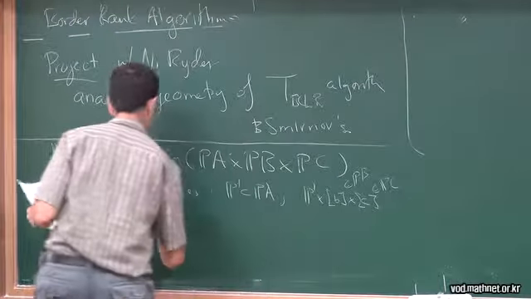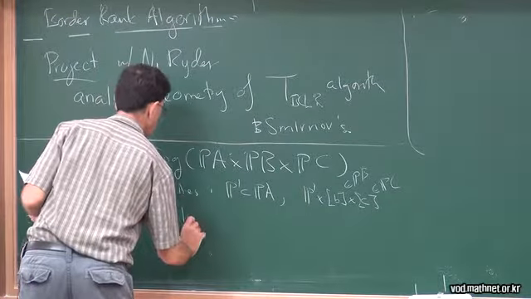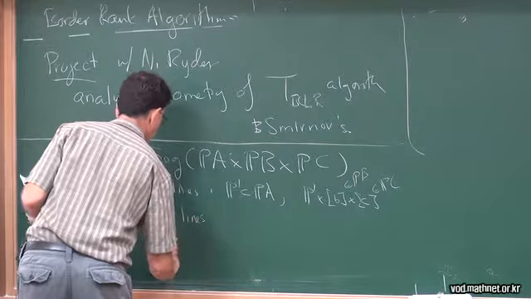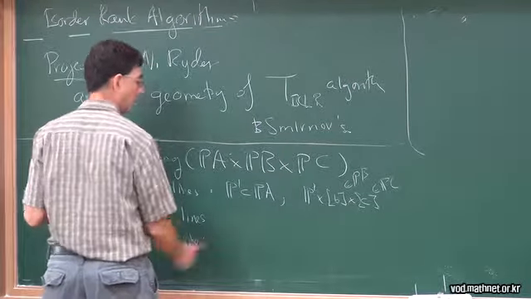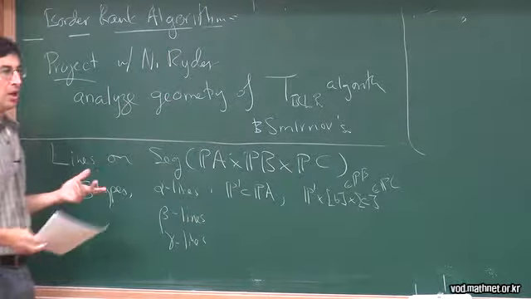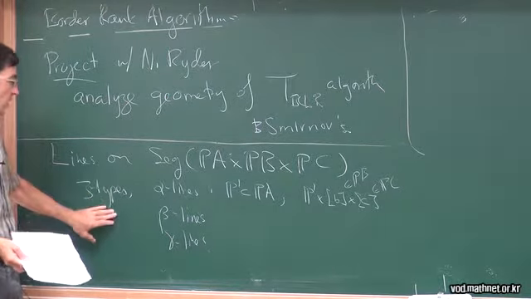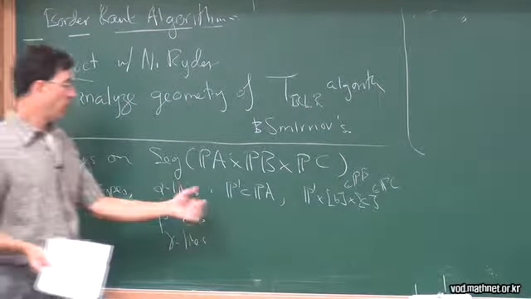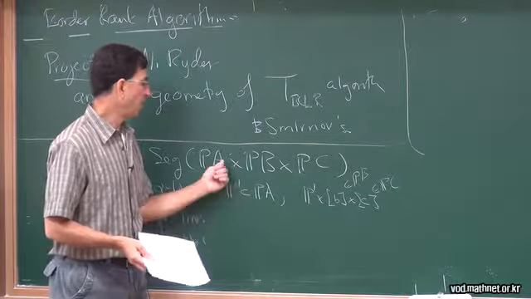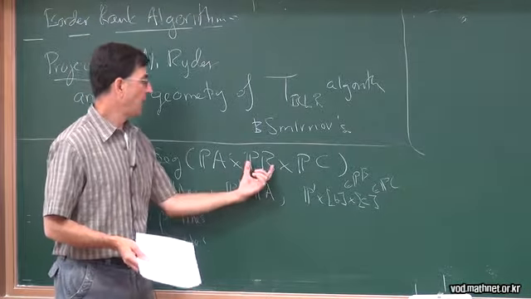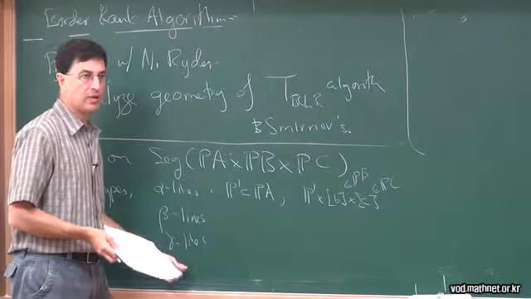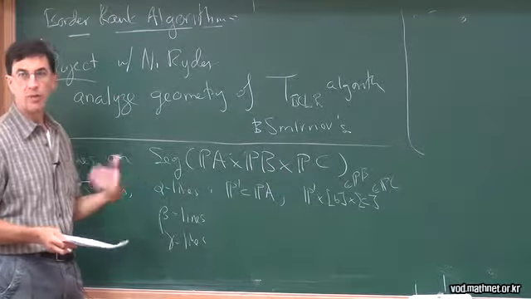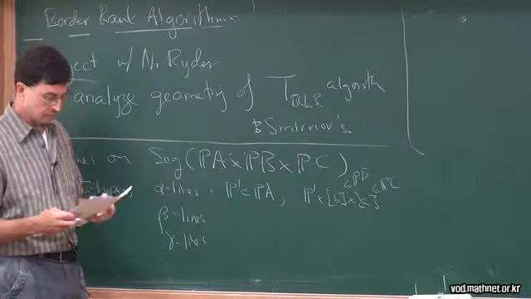And then there are corresponding beta lines and gamma lines. For the beta line, I choose a line here. For the gamma line, I choose the line here. These three types of lines are parametrized by Grassmannian of two planes in A, and PB and PC for the alpha lines, and similarly for the beta and gamma lines. So those are our three types of lines.